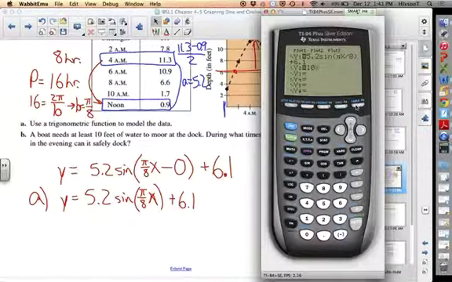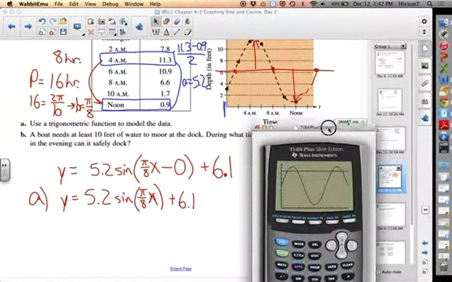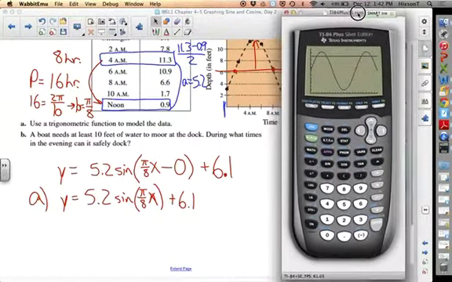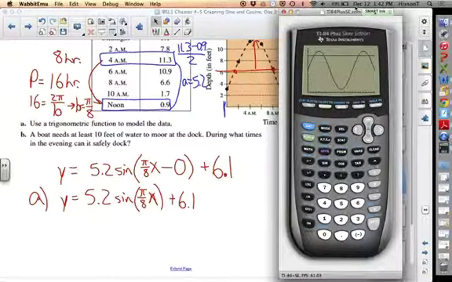And when we graph that, you can see the time periods when we're going to be able to moor the boat are just this little window of time here and this little window of time here. It asks during what times in the evening can it safely dock?